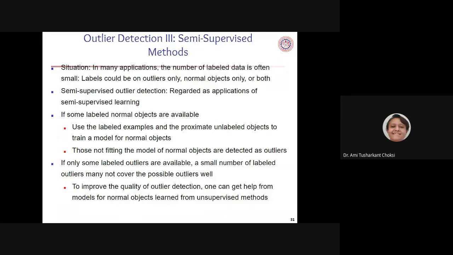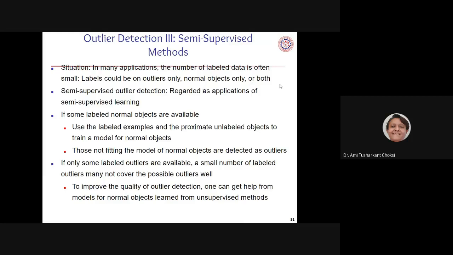So now the third way of outlier detection is the semi-supervised method. What is that? The situation is, in many applications, the number of labeled data is often small. Labels could be on outliers only, normal objects only, or both.